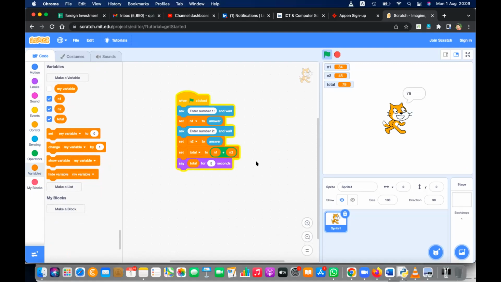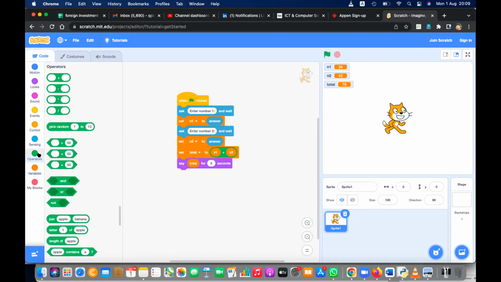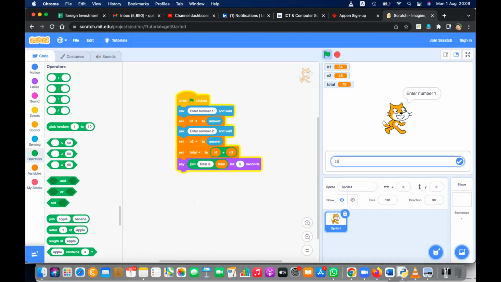But you can make it meaningful by adding another block, this join. So go to the operations. There you can see join apple banana. You can put the total there and you can say, total is, this total. Then put it there. Click this, enter 2 numbers.